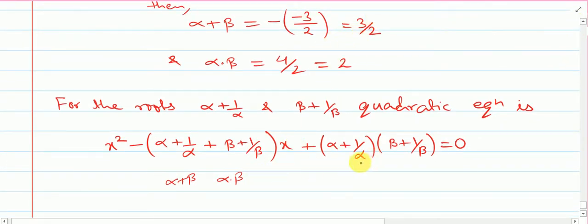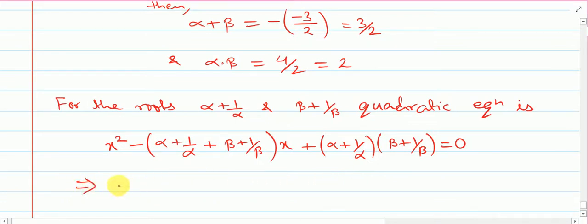And same goes for this term also. Try to make it in this, okay. Make sure that that expression contains alpha plus beta, let's say alpha plus beta whole square or 2 times alpha beta, something like that, okay, because we know only values for alpha plus beta and alpha into beta.